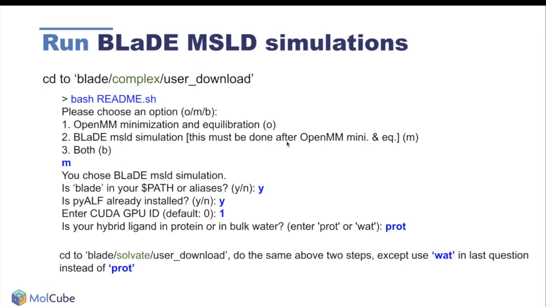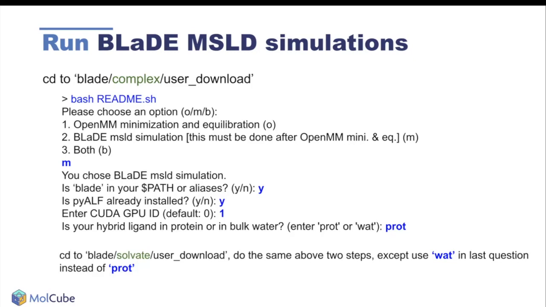In the second step, we will use standalone Blade program to run MSLD. We change directory to the same user download folder and run this readme bash script again. We enter letter N to select the MSLD job. The blade command should be accessible in the current terminal, either via the path variable or alias.